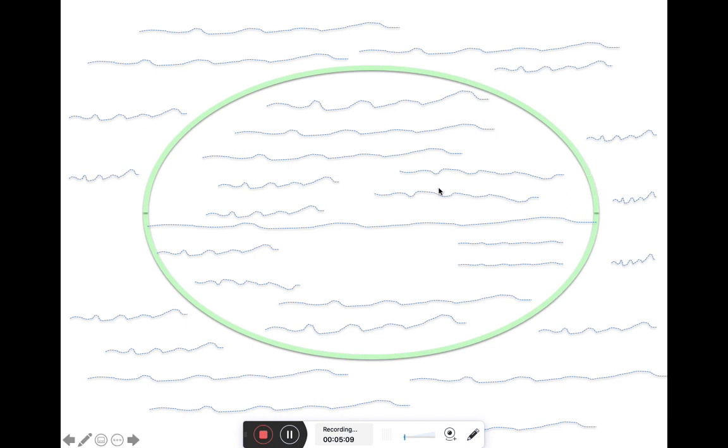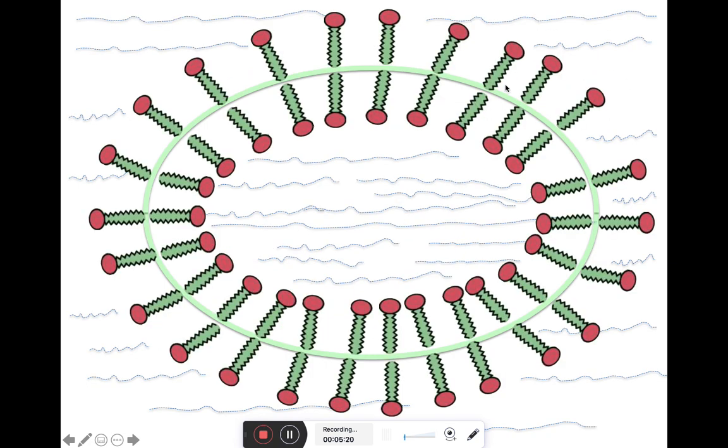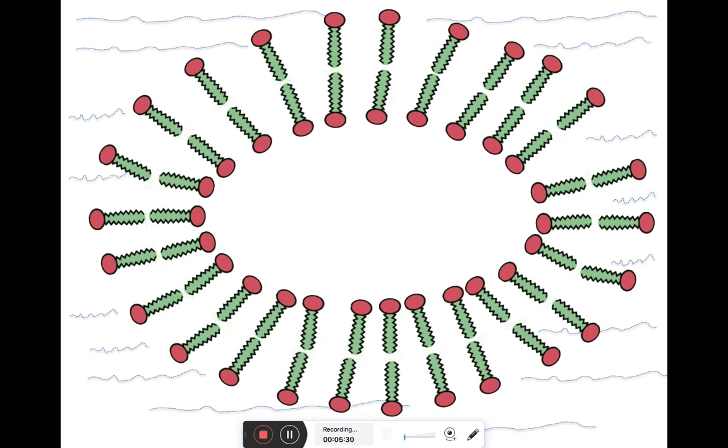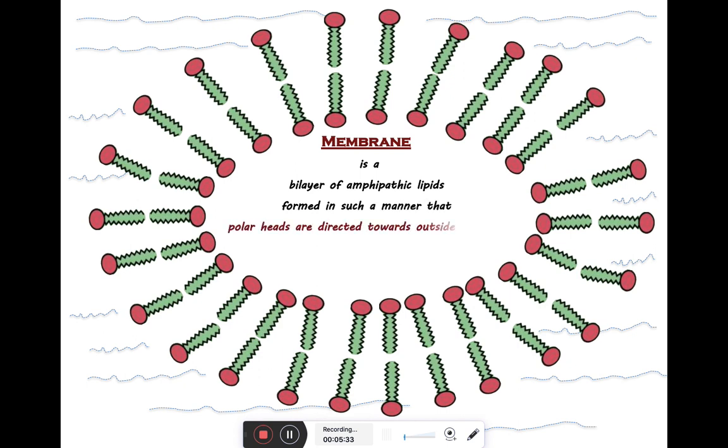This cannot be stable because it has a tendency to coalesce. To make this non-polar medium stable so that these two polar mediums remain separated forever, this is made possible by a bilayer of amphipathic lipids. So this is called a membrane. A membrane is basically a bilayer of amphipathic lipids formed in such a manner that non-polar tails are forming the body of the membrane.